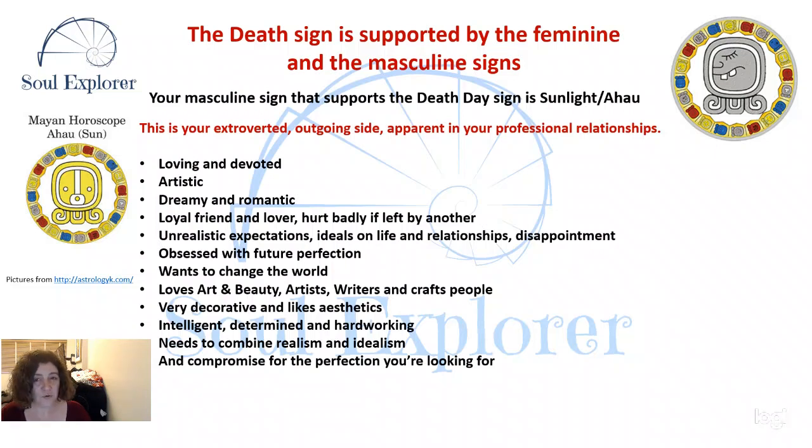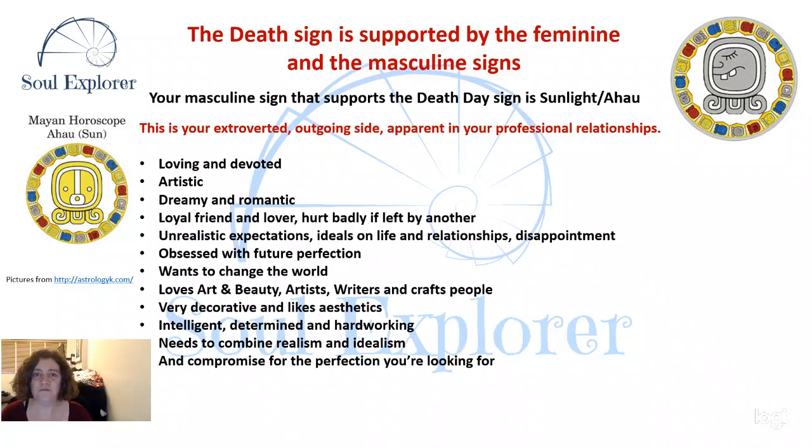It's those ideals coming through again from your main day sign. You have unrealistic, perfectionistic, idealistic expectations on life and relationships, which often lead to disappointment. Because who can reach that ideal? Who can always reach that perfection?